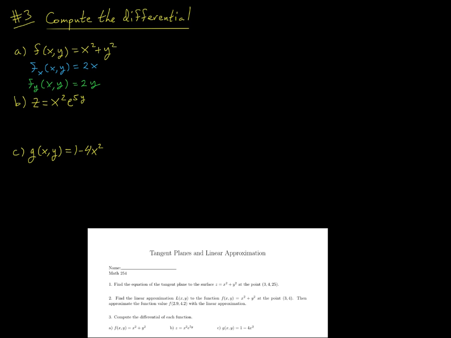So here's how this differential is going to look. It's going to be d, and I could call it dz if I wanted, but since the function's presented as f of x, y, I'm going to say df is equal to what? Well, I'm going to take the x derivative, which is 2x, and then I'm going to multiply that by the little change in x.